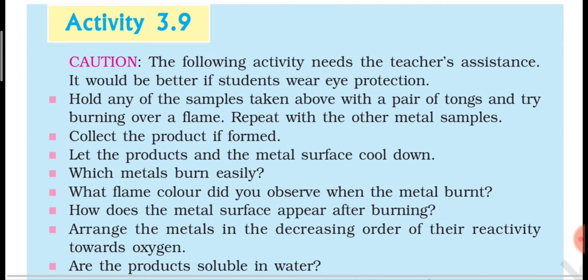So sodium oxide produces sodium hydroxide, and potassium oxide produces potassium hydroxide. And their hydroxides are also soluble in water. They are said to be alkalis, because bases which are soluble in water are said to be alkalis. So this is about activity 3.9.